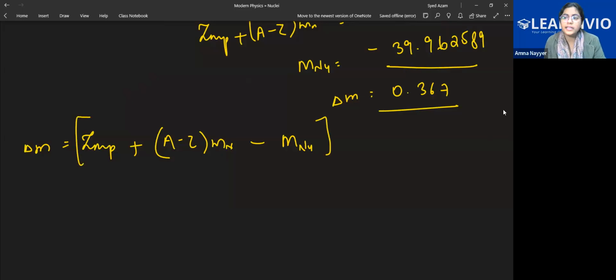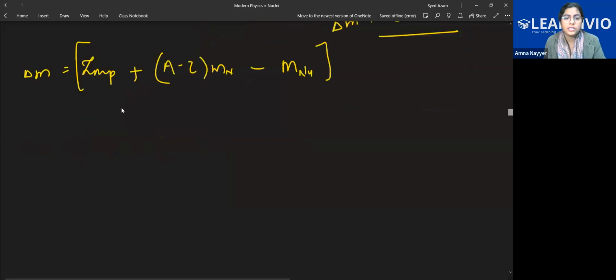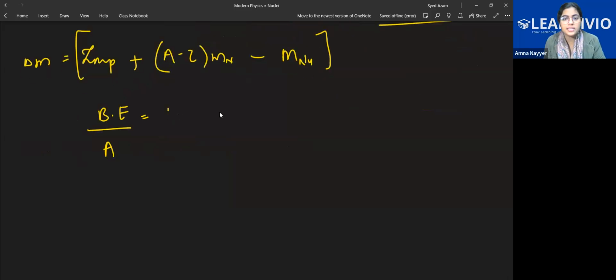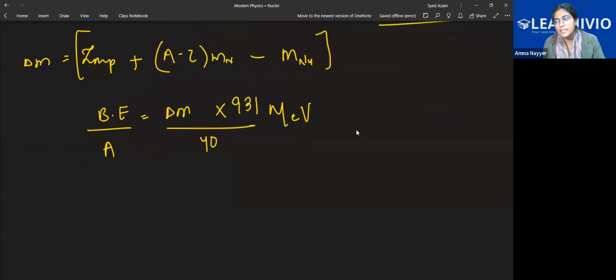For the binding energy per nucleon, I have told you, you take the mass defect, multiply it with 931, and divide by A, the number of nucleons, which is 40. The answer will be 8.541925 mega electron volt per nucleon.